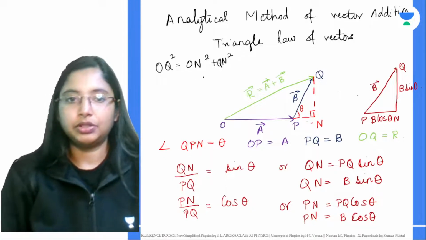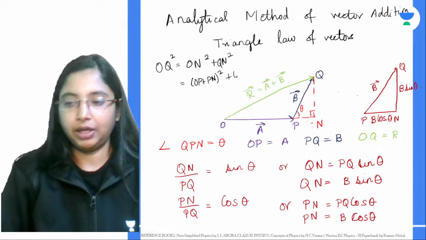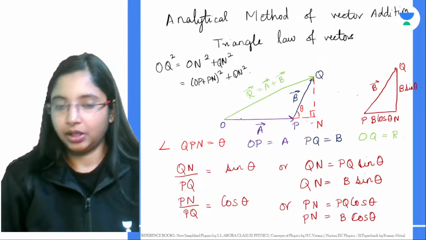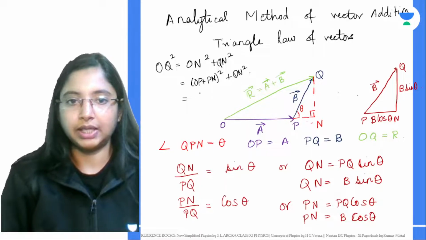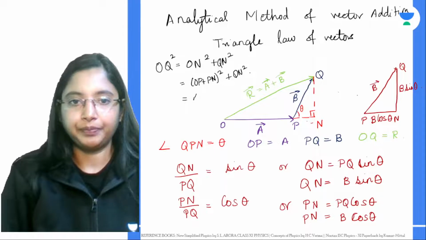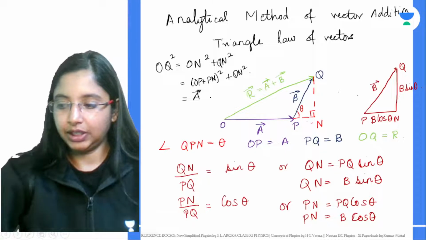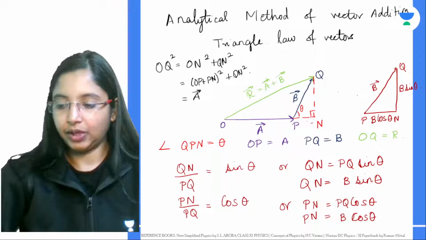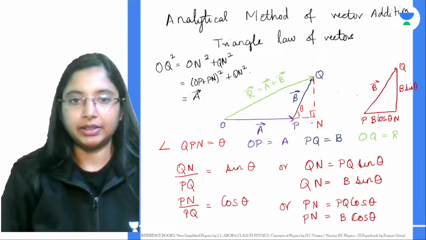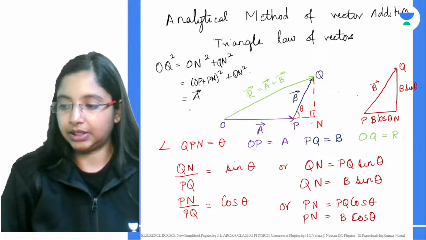Now this ON, you can take it as OP plus PN the whole square, and then you have QN square. OP is actually, in this case, A vector. And PN, we saw, is B cos theta, right?